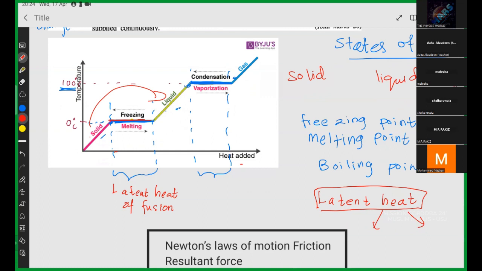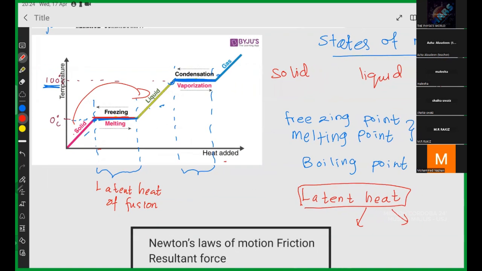Okay, so latent heat of fusion means, as I already told you, at 0 degrees Celsius only, solid gets converted to liquid. But at all these points, the temperature is at 0 only.